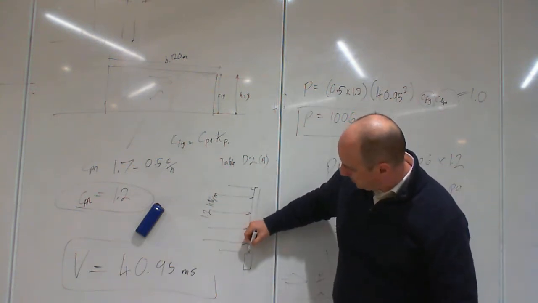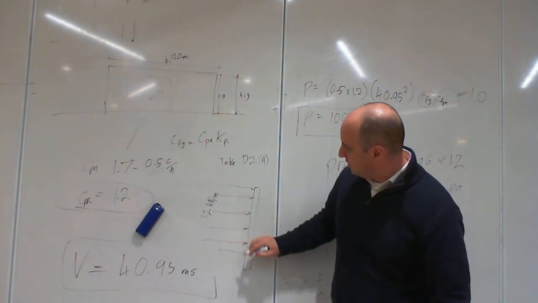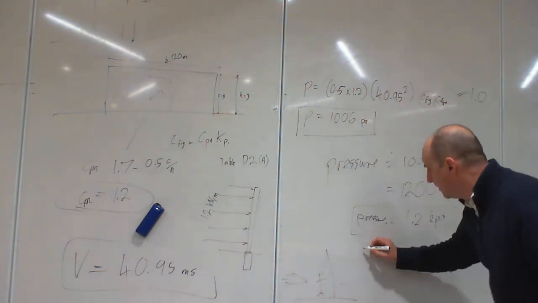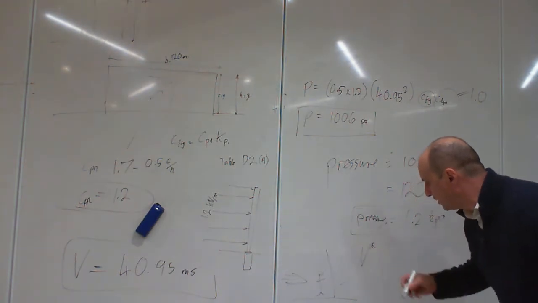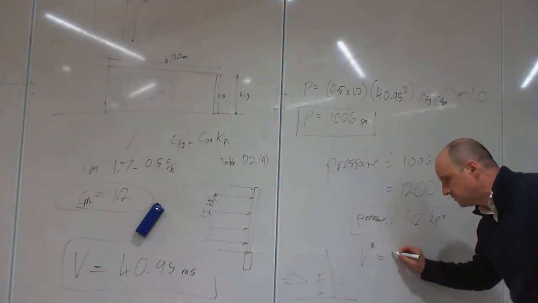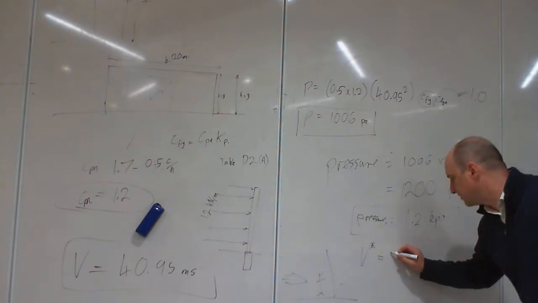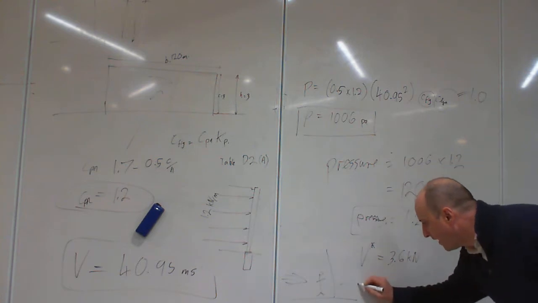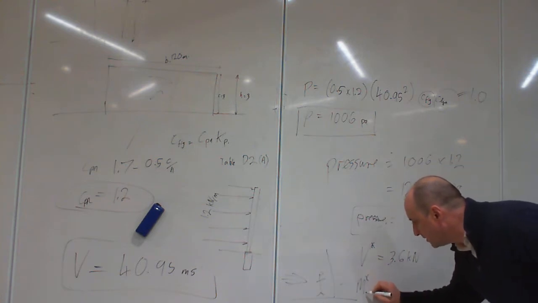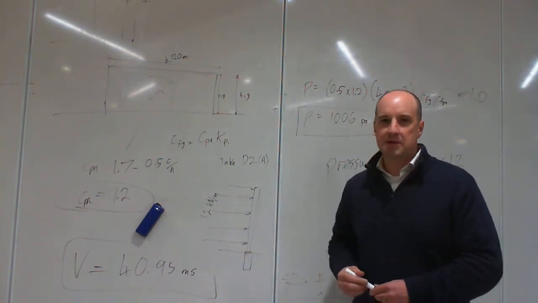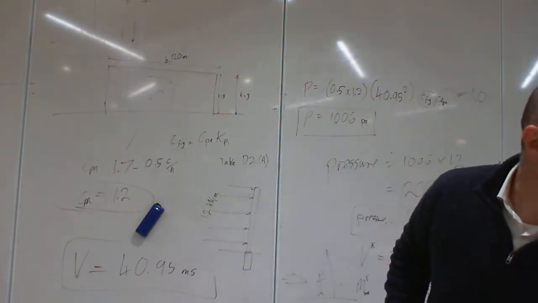So the bending moment at the bottom, shear force and bending moment, the shear force is going to equal 3 times that. So our V star, which is the shear force, is going to equal 3 times 1.2 is 3.6 kilonewtons. And the bending moment at the base is 1.2 times 3 times 1.5.